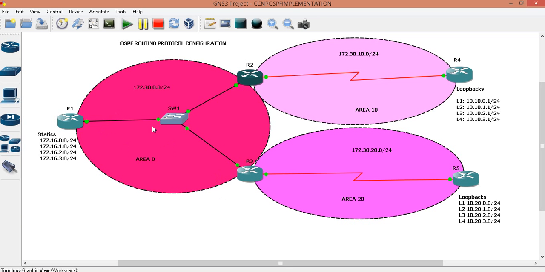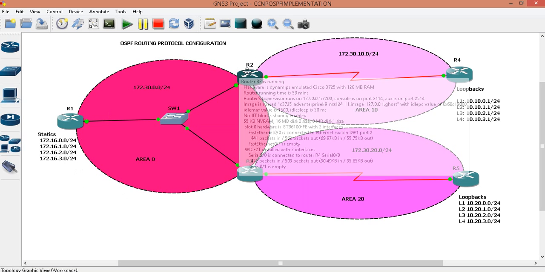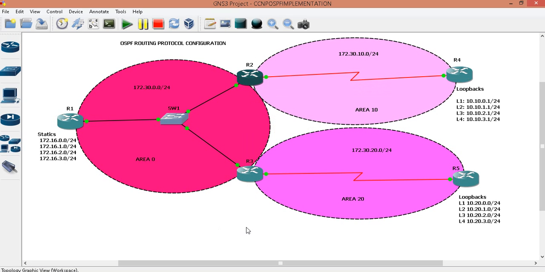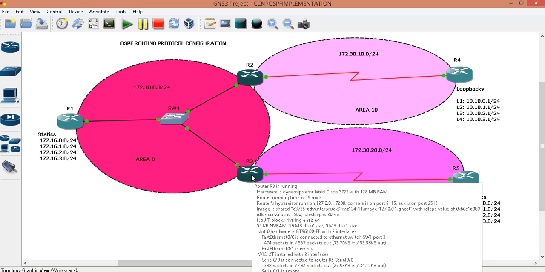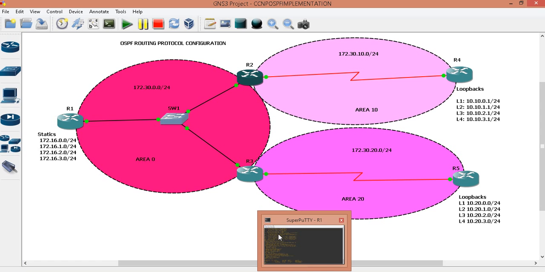So as we saw on the previous configs, this router is the designated router and 2 is the backup designated router. But now the question is telling us to configure router 1 as the designated router, and routers 2 and 3 should be neither designated router nor backup designated router. So how are we going to do that? We're going to accomplish that by using the OSPF router priority.